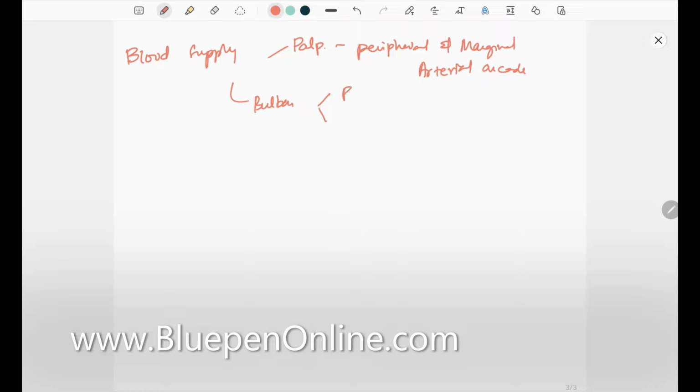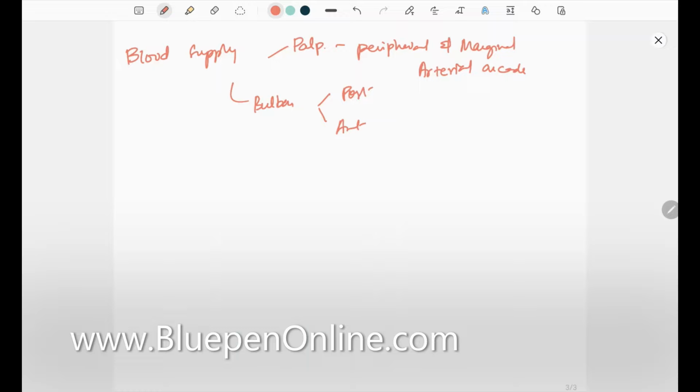So when it comes to the blood supply of conjunctiva, the palpebral conjunctiva is actually supplied by the peripheral and marginal arterial arcades of the eyelid, and the bulbar conjunctiva is supplied by posterior and anterior conjunctival arteries.